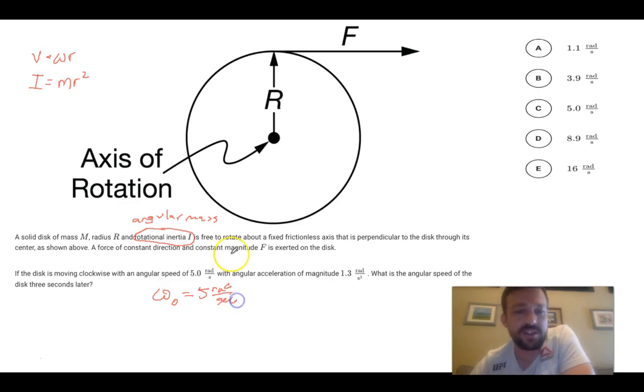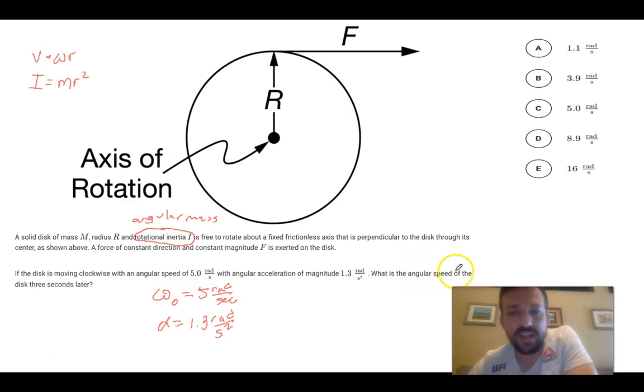Just like any physics problem, we're going to label everything first, with an angular acceleration of 1.3 radians per second squared. And that's what that force is doing. Someone's applying a force, or you could call it a torque because it's making it rotate, and it's giving it an acceleration of 1.3 radians per second squared.